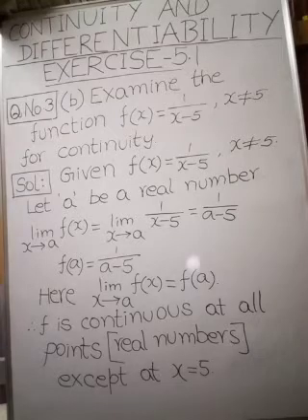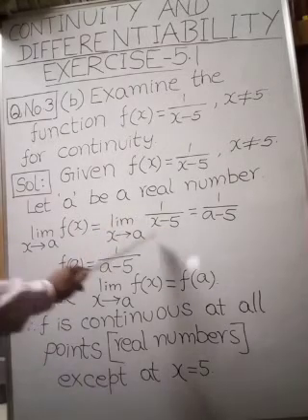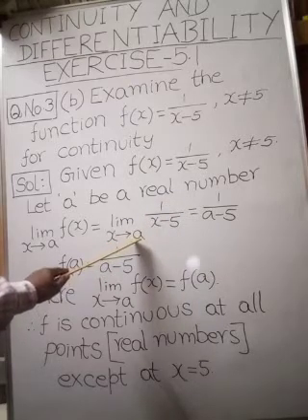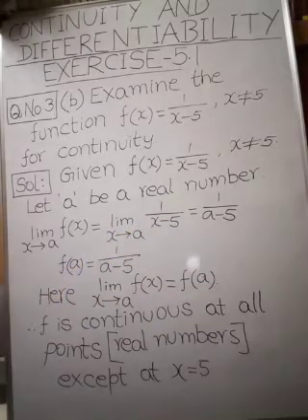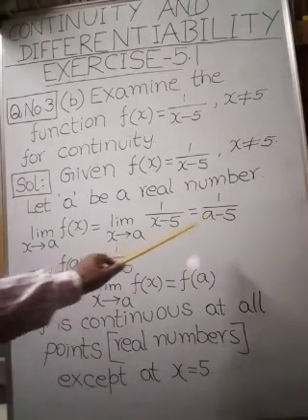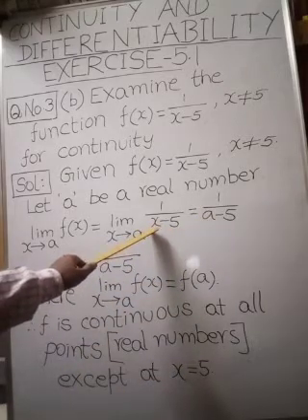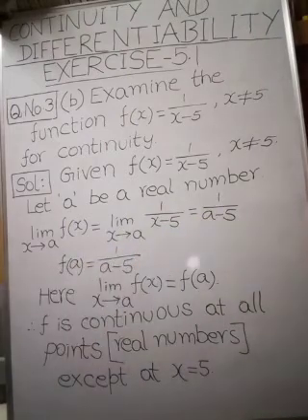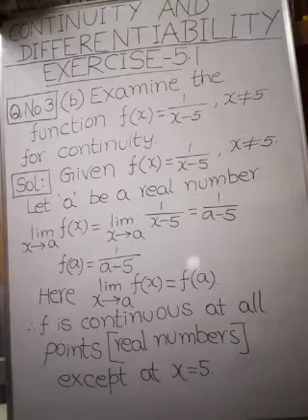Understood, my dear children? Right. Now we have to find the limit of this function at x is equal to a by the substitution method only. So I substituted x is equal to a in this function. Then 1 by a minus 5. This is the limit of the function at x is equal to a.